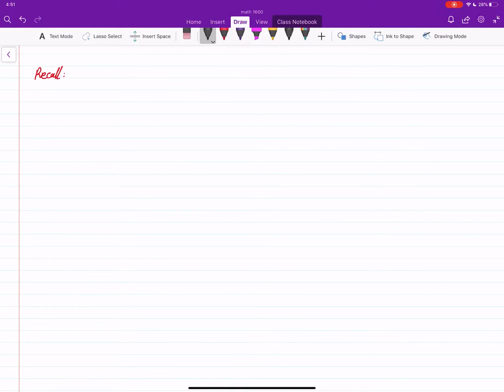It says that for a fixed subspace W of Rn, then for any vector v, there exist two unique vectors.